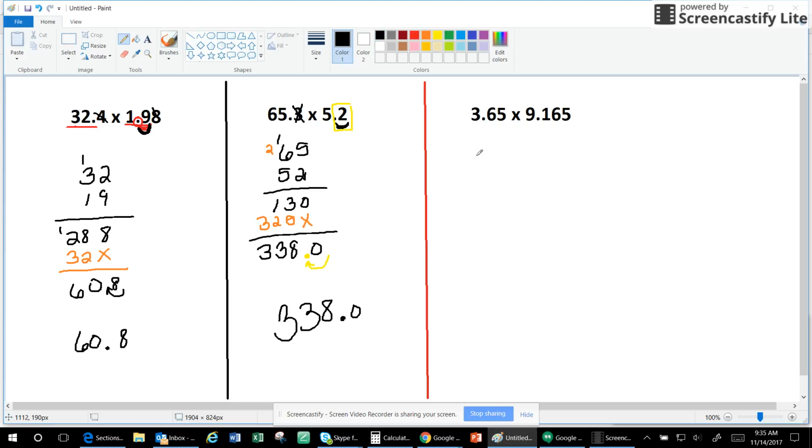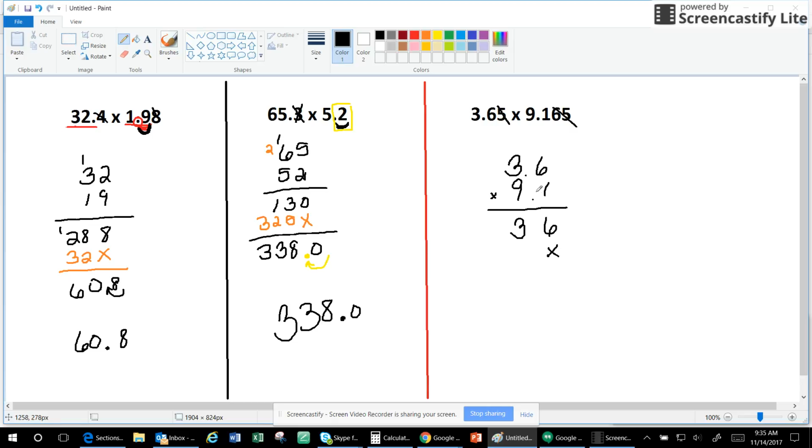So we're just going to take the first two digits. So 3.65, I'm just going to take the 3.6, and I'm also only going to take the 9.1. So we have 3.6, and we're multiplying that by 9.1. I don't really need to write those decimal places, but we will for now. So we have 6 and 3, 1 times 6, 1 times 3.